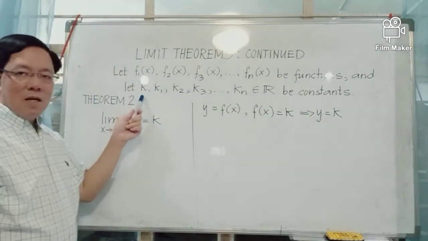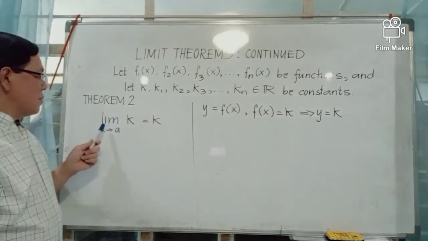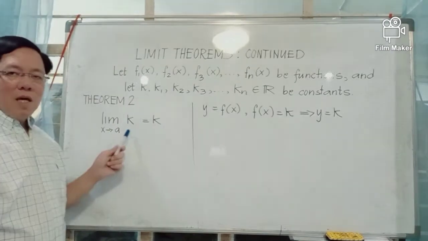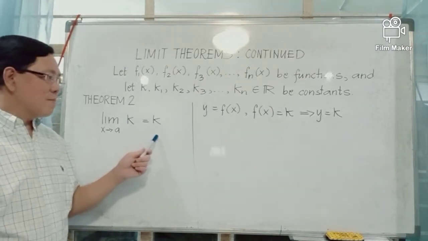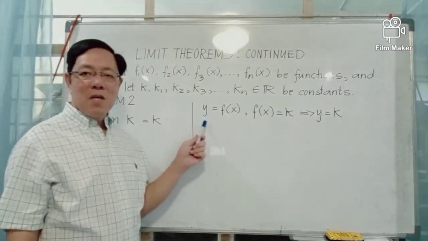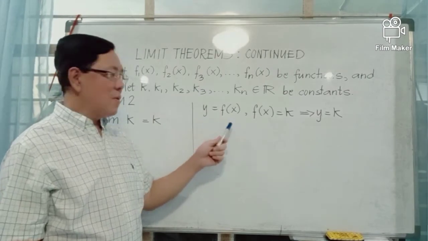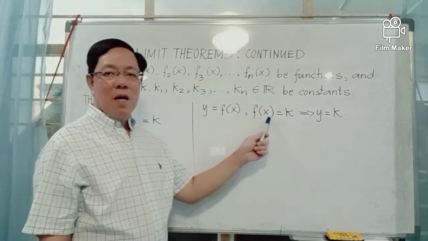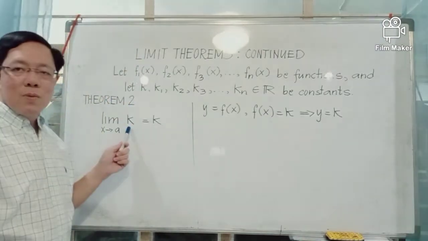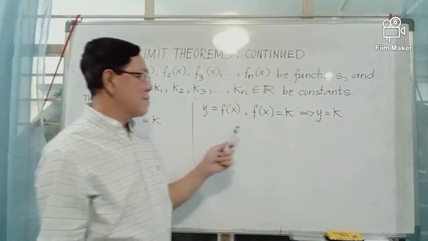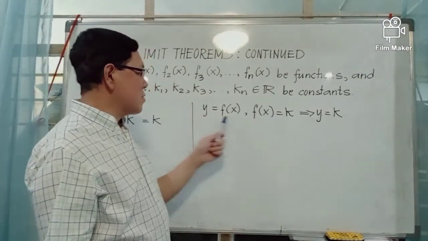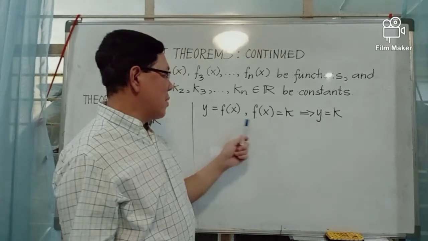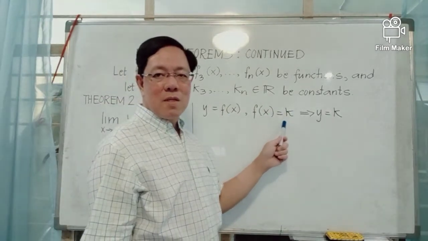Such as in theorem 2 that says the limit of a constant as x approaches a is equal to the constant. In our function notation, y equals f of x, in this theorem, the function f of x is equal to the constant k. So comparing these two imply that y equals f of x, but f of x equals k.